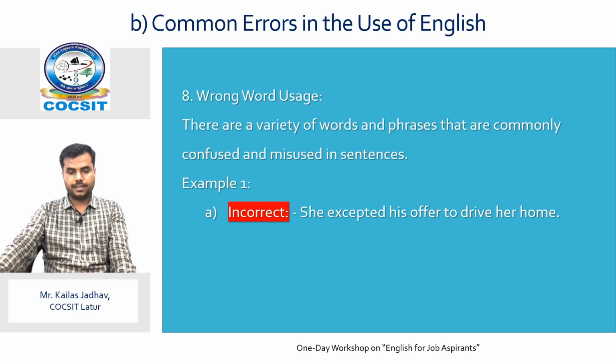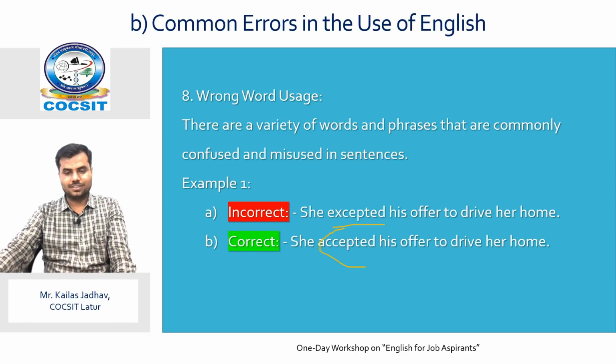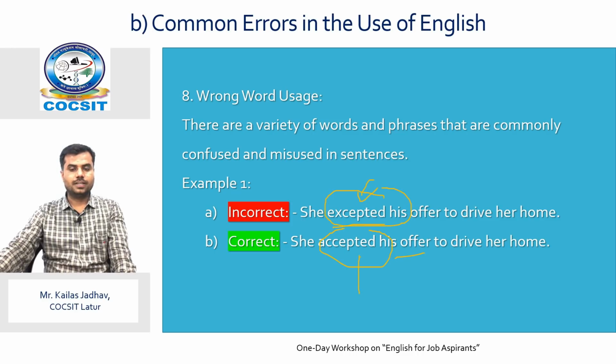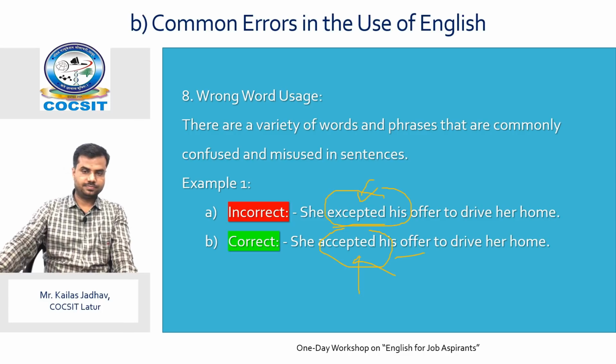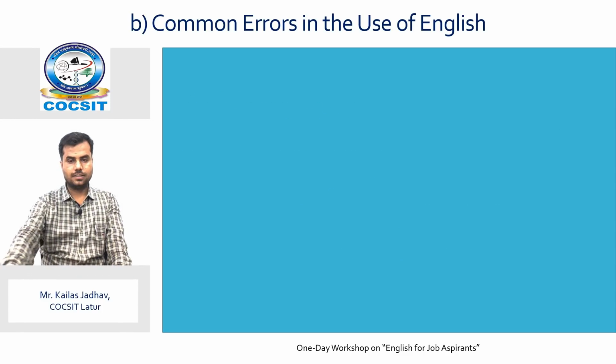She expected. Look at this example, expected. Now what is necessary is accepted. She accepted his offer. Now the word is wrongly used. Instead of expected, she should have said accepted. Okay, that is what the wrong word usage is.